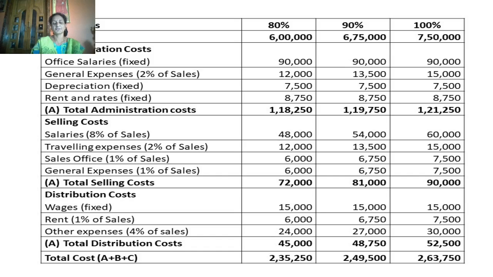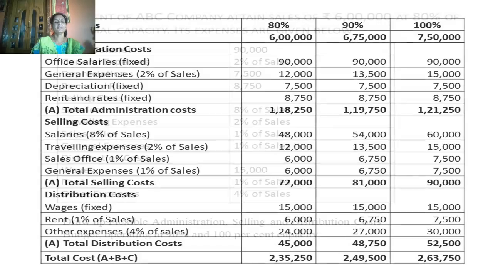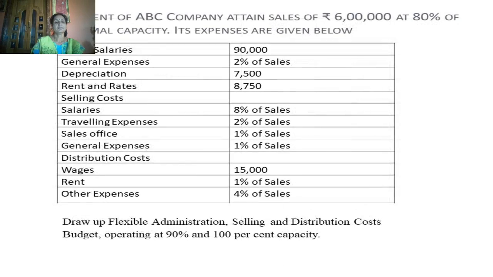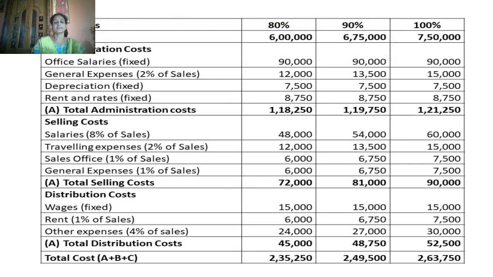Next, depreciation. What they have mentioned in the problem is depreciation is fixed. So it remains the same for all level of activity: 7,500, 7,500 and 7,500. Rent and rates also remain the same at all level of activity.